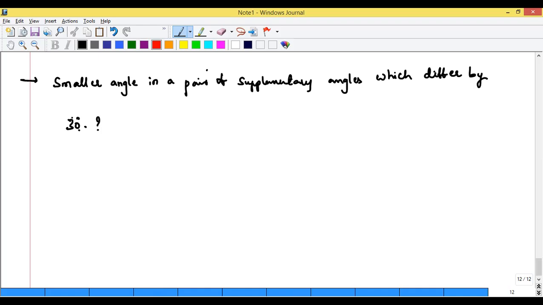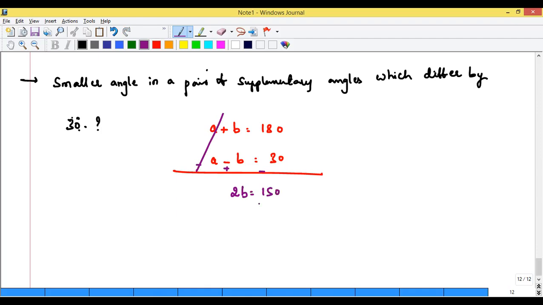What do you mean by supplementary angles, first of all? A plus B is equal to 180. What is the difference I'm saying? 30. I want the smaller. A is bigger, B is smaller. Subtracting the equations, 2B is equal to 150, so B is equal to 75.